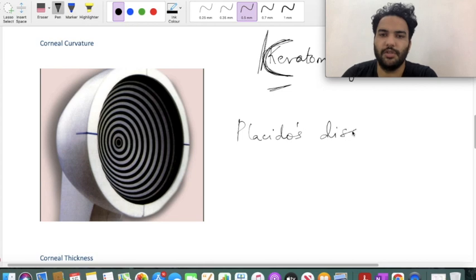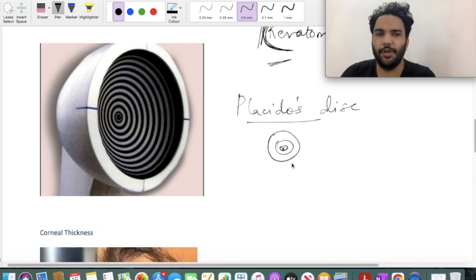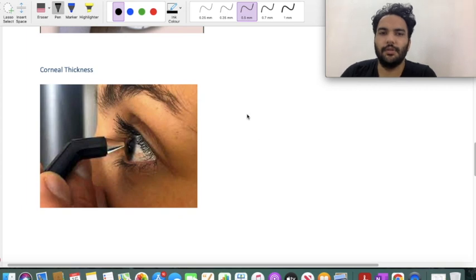Placido's disc has concentric rings, and each ring is equidistant from the others. This falls on the cornea, and based on where it falls, you can find out if there is any irregularity of the cornea.